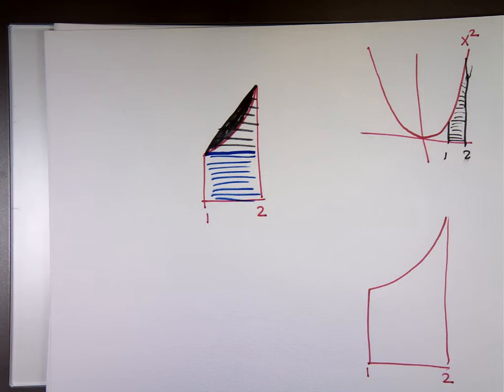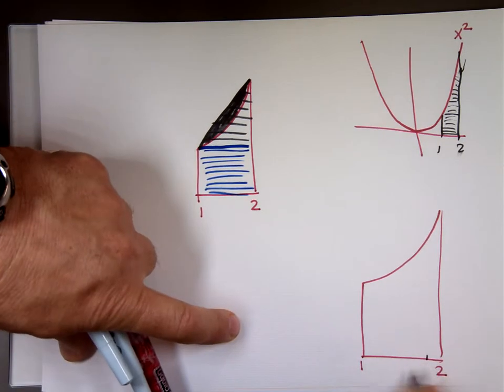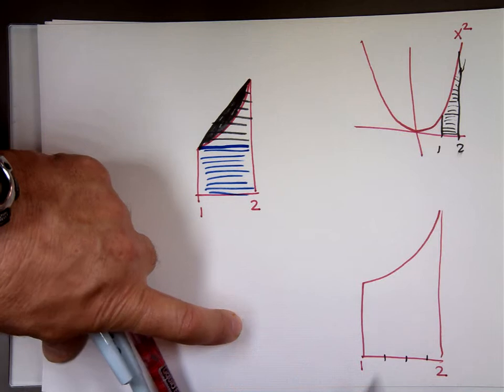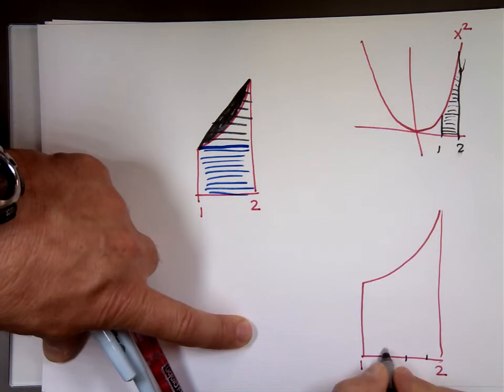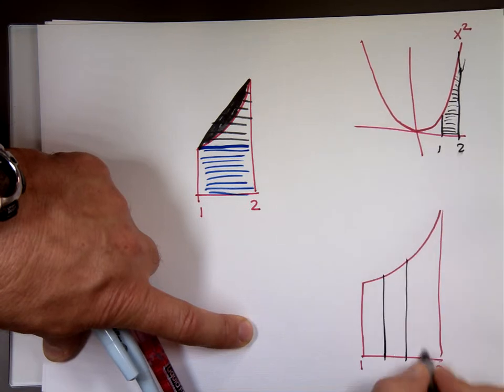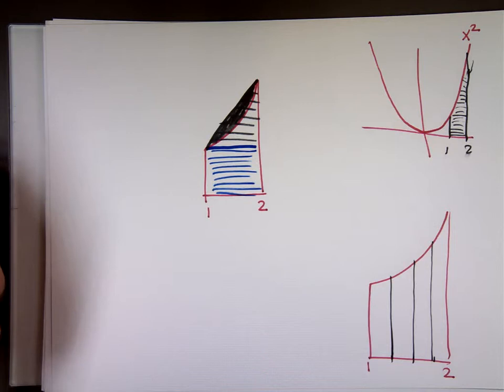But what about if I cut this into 4 pieces now? There's 1, 2, 3, 4. And I can approximate this by making it a straight line.